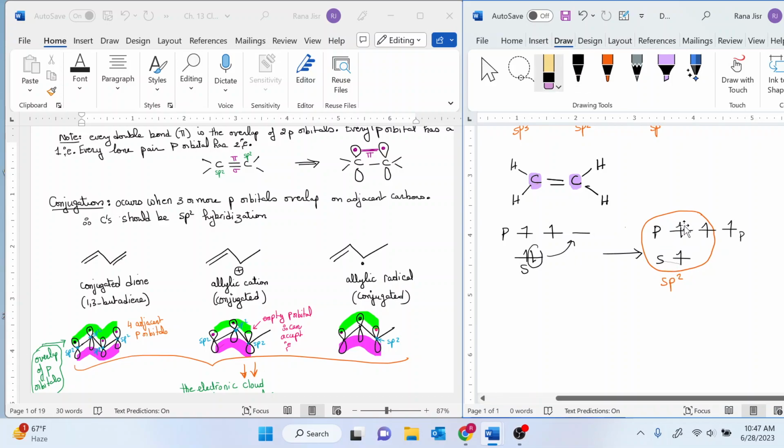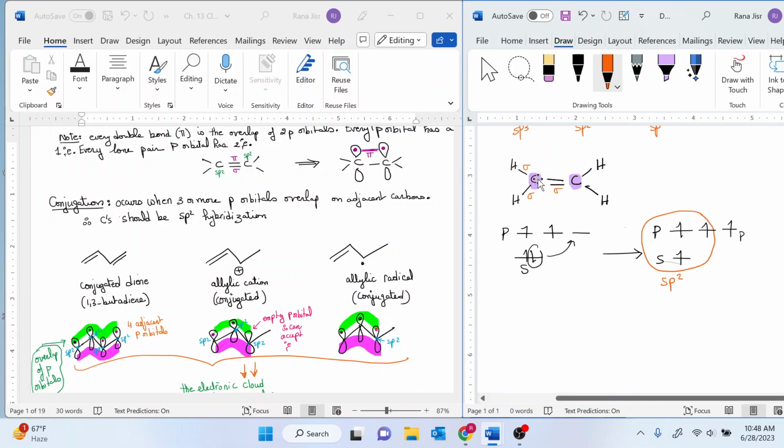When hybrid orbitals overlap with each other, they make a sigma bond. When they overlap with a hydrogen, they make a sigma bond. So carbon here has three sp2 orbitals because it has three sigmas. It's a sigma here, a sigma here, and a sigma here.